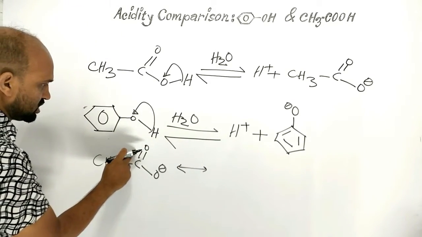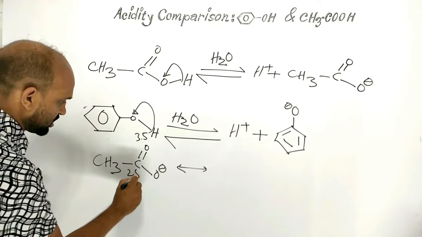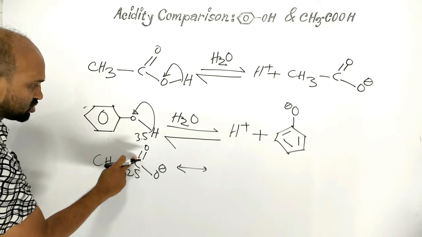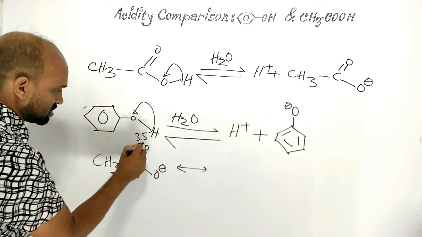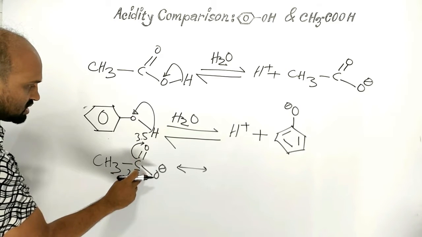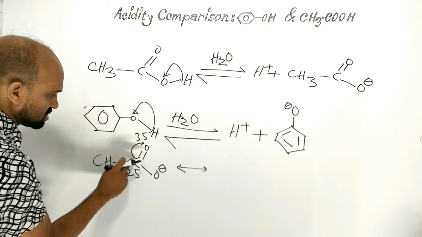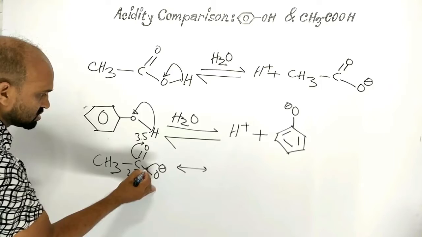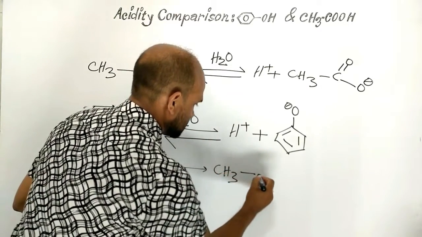Here, the electronegativity of oxygen is 3.5, carbon is 2.5. Because of the high difference in electronegativity, the pi bonded electrons of the carbon-oxygen bond move towards oxygen, and here a gap is created in this carbon-oxygen bond, and as a result this lone pair turns into a bond pair, and this is obtained.